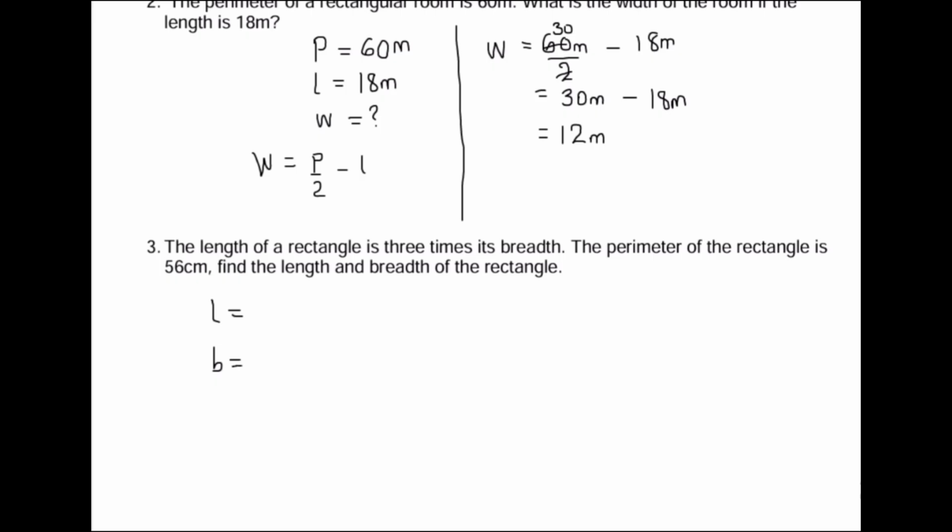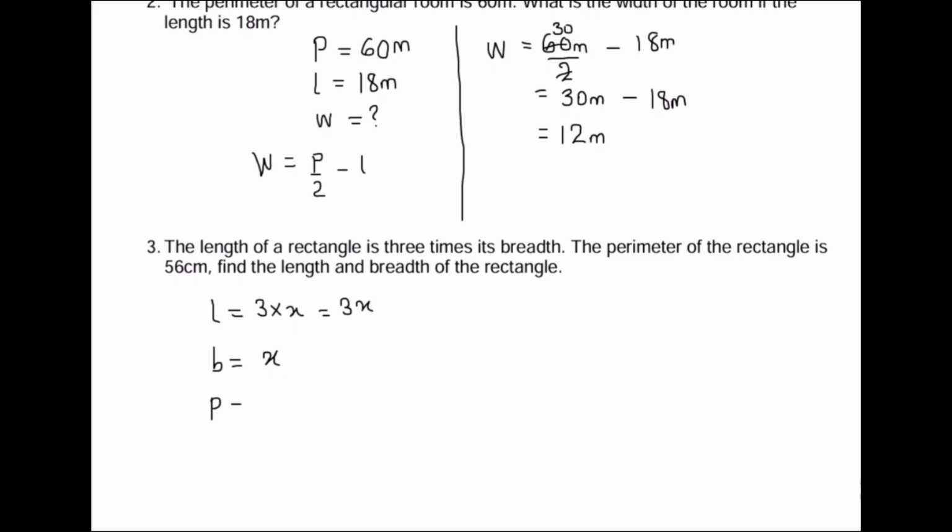The breadth. So going back through the question, we're going to use x to represent the breadth, and the length is 3 times what? x. Don't forget, we're told that the length is 3 times the breadth. So that's 3 times x, and that's 3x.